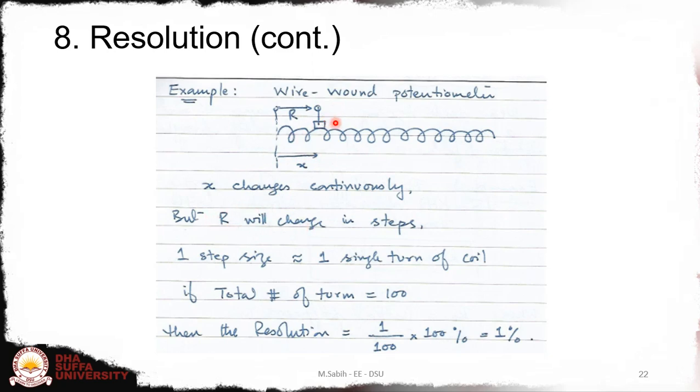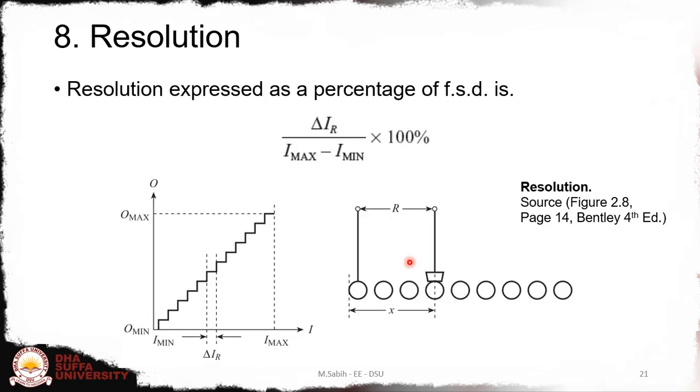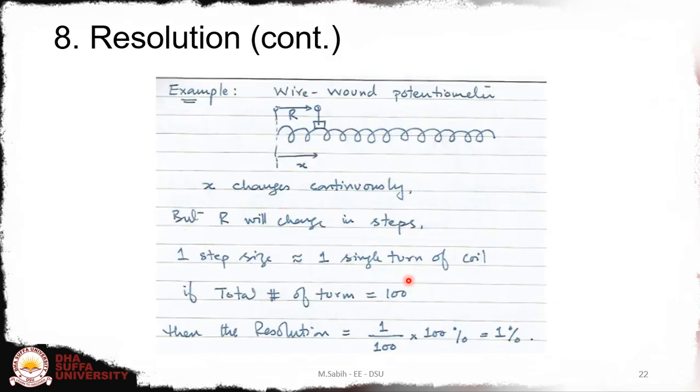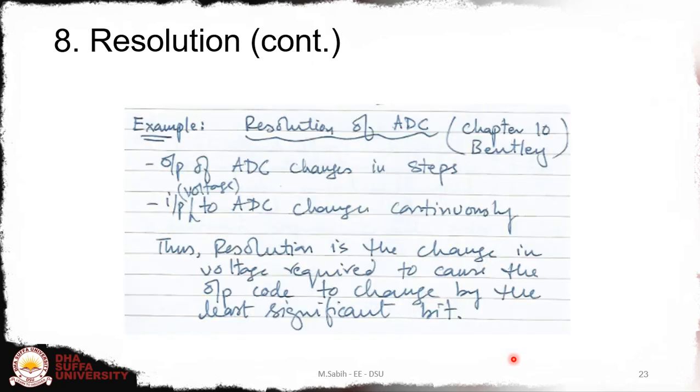It will jump: the previous value will remain the same, and then it goes to the next value. So one step equals around one single turn of the coil, and if we have a total number of turns like 100, the resolution will be 1 by 100 times this. So this will be a resolution of 1% in this case.